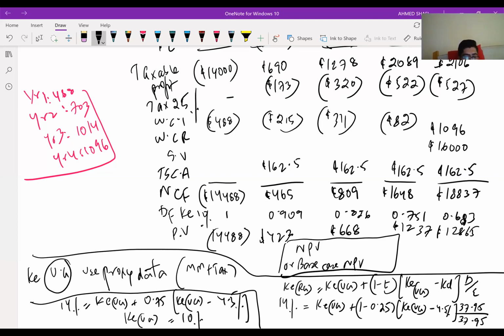Okay, net them all. It's 709 negative. This is the NPV, called base case NPV.